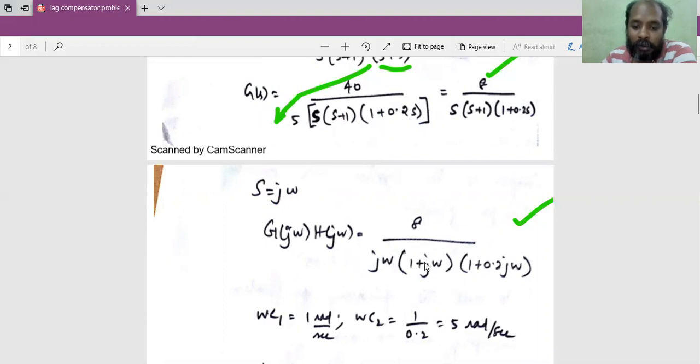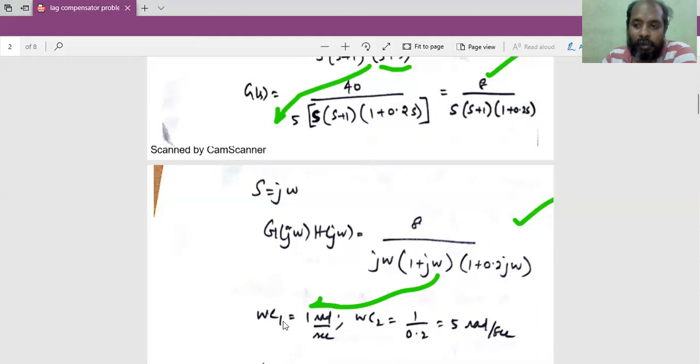So omega c1, the corner frequency of the first term, has the lesser value, which is 1 radian per second. Now for the time constant 0.2, 1 by 0.2 gives you 5 as the corner frequency. So this becomes the second corner frequency, omega c2. So you have two corner frequencies here.